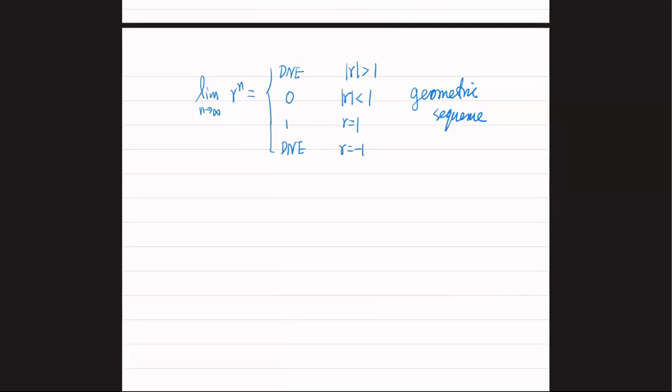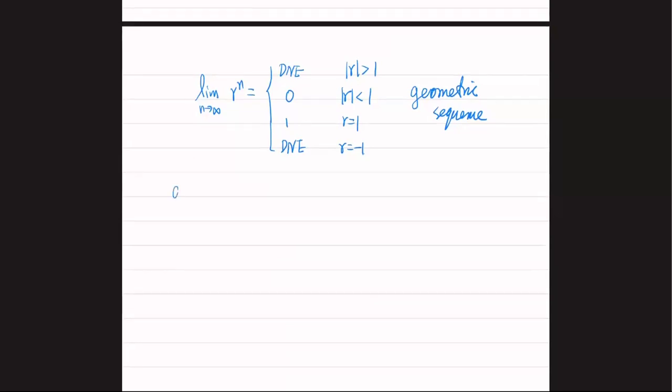Let me check with you about this. Okay, so A1 is 2. A(n+1) will be 2 plus the square root of A(n). Okay, Zichen, what's A2?